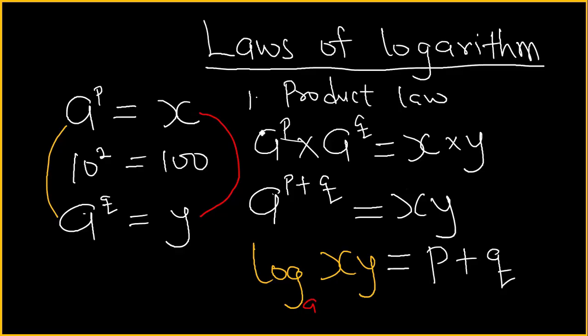So from our first index equation, a to the power p equals x can also be written in a logarithmic form, which is log of the result, log x to the base a is equal to p.